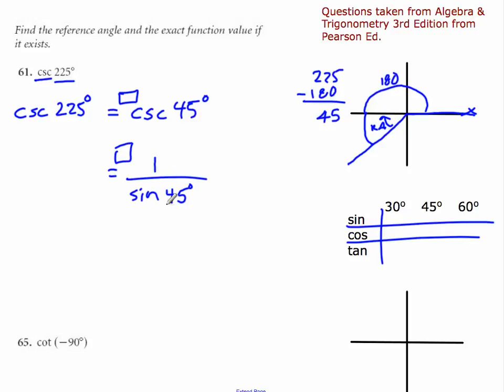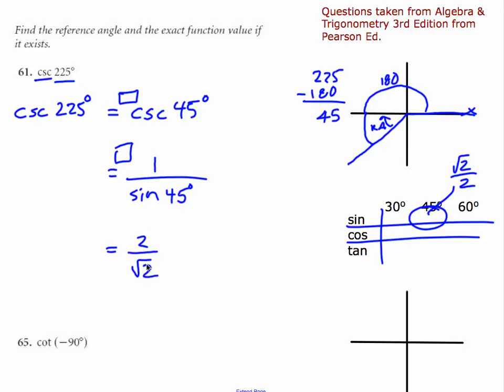So basically all I have to do is figure out what the sine of 45 is and then flip it over. If I look off my chart, the sine of 45, if you've memorized that from your chart, is root 2 over 2. So if the sine of 45 is root 2 over 2, then the cosecant of 45 has to be the reciprocal of that, or 2 over root 2.